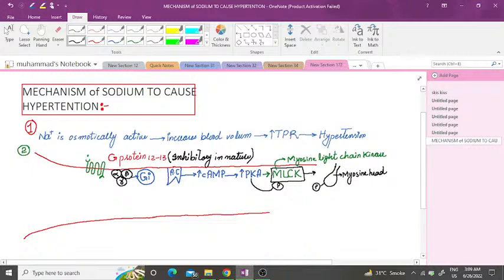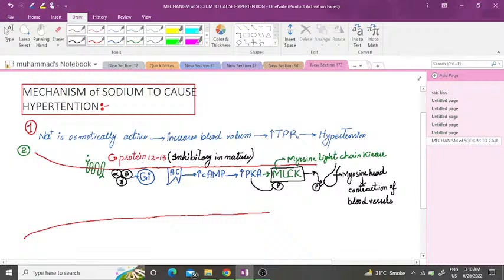So myosin light chain kinase causes the phosphorylation of the myosin head, and contraction of the blood vessel takes place. So in this way contraction of the blood vessel takes place.